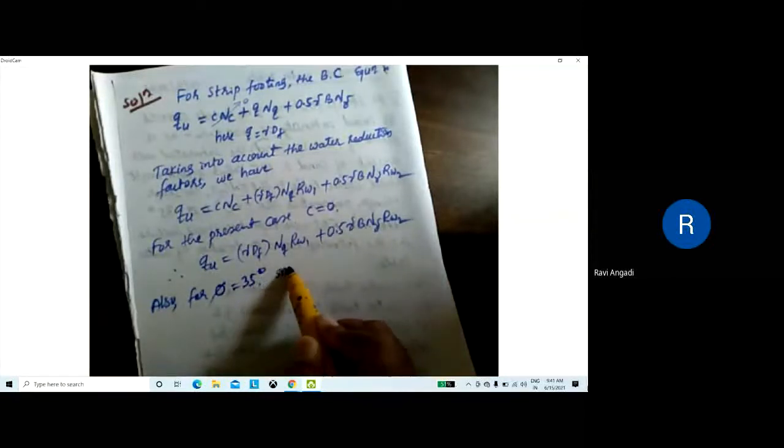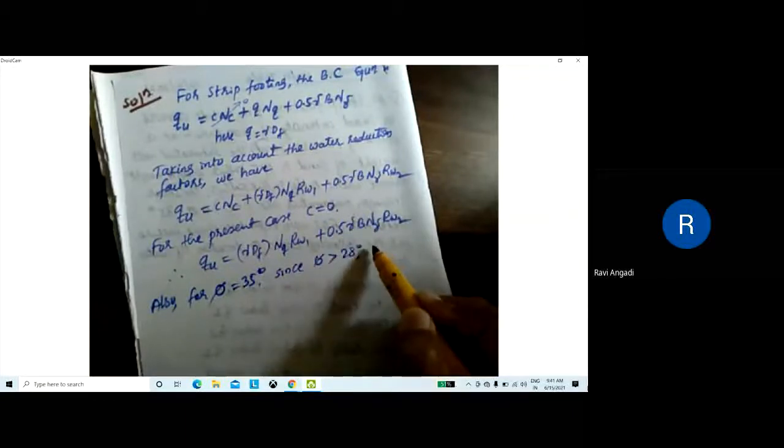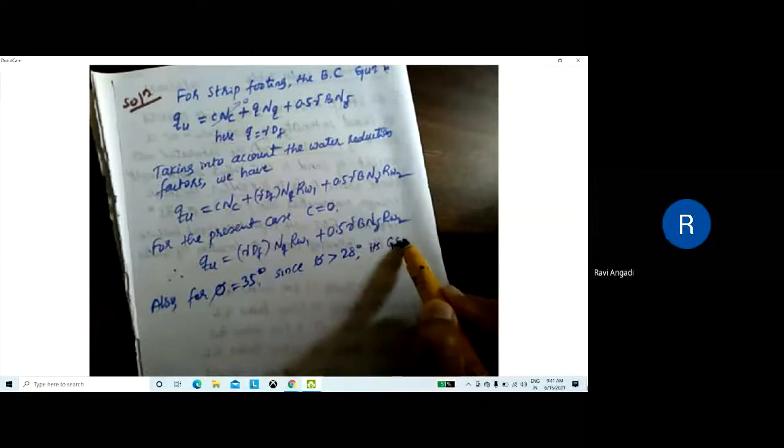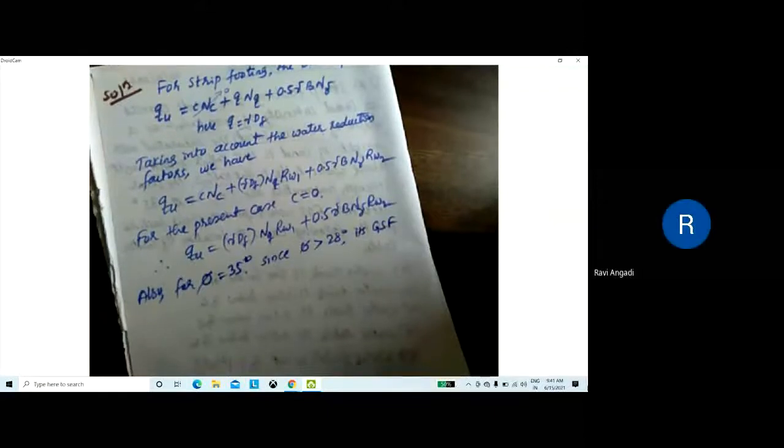Since phi is greater than 28 degrees, it's a general shear failure. Understood? If it is less than 28 degrees, it's a local shear failure.